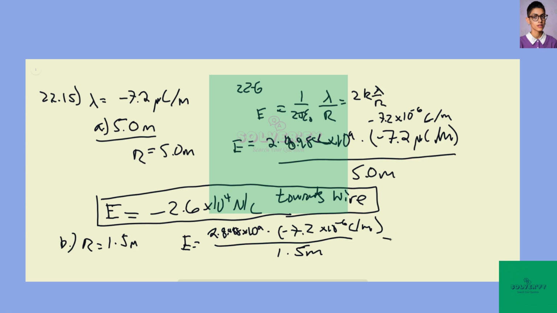Cool. So now we can plug this in, and we see that E is negative 8.6 times 10 to the 4 newtons per coulomb.